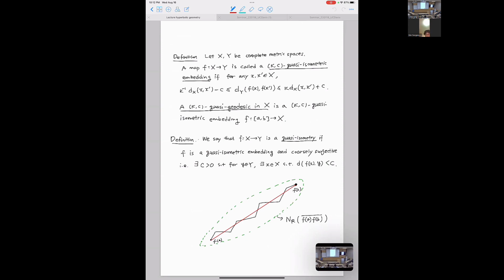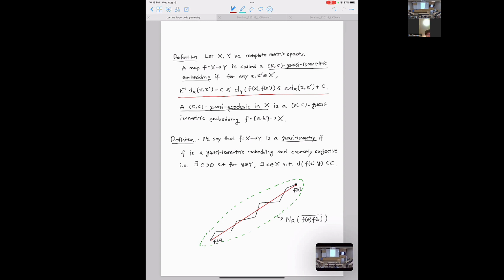Okay, then I will define some quasi notions. First, let X, Y be complete metric spaces. Then a map f from X to Y is called a (K,C) quasi-isometric embedding if, for any points x, x prime in X, this inequality is satisfied.